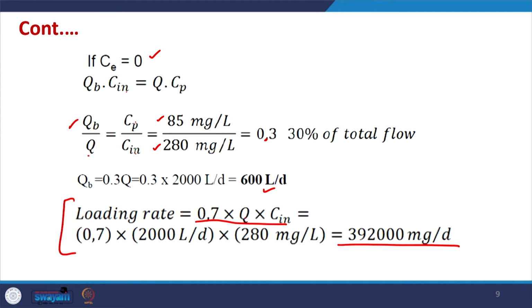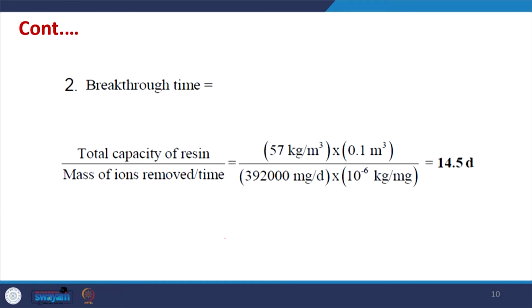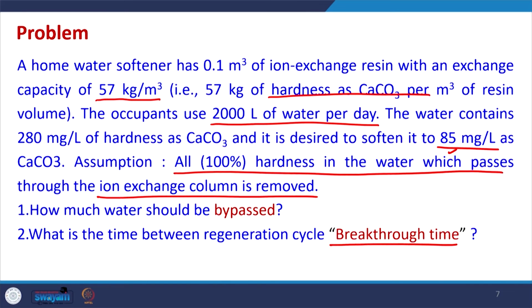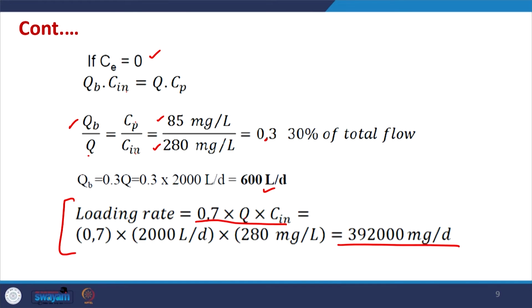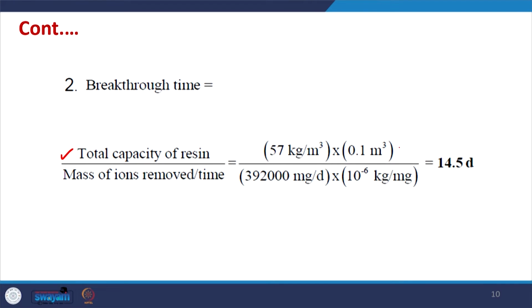Now, as soon as we find the loading rate on the bed, we can find the breakthrough time also, because the total capacity of the resin is 57 kg per meter cube, which is already given, and we are only using 0.1 meter cube of the resin. So, 57 into 0.1 is the total capacity of the resin.